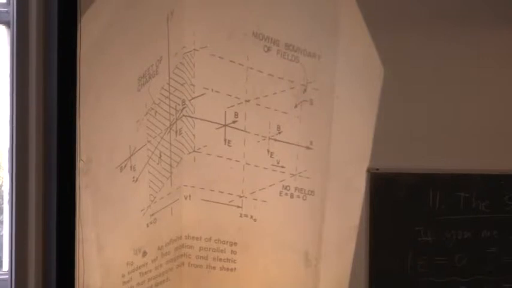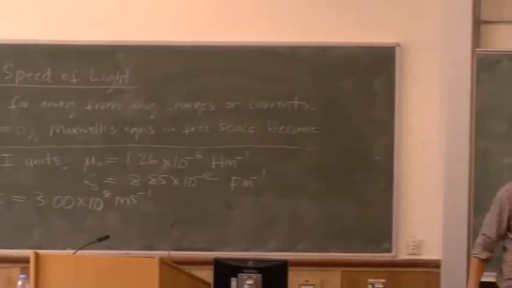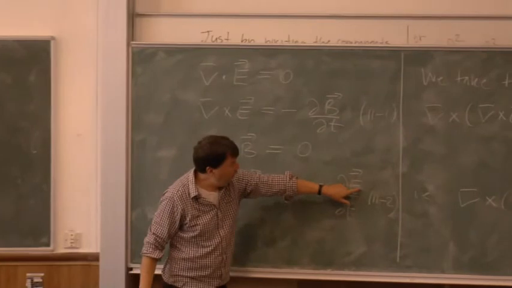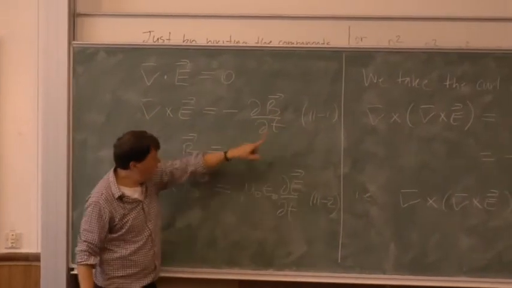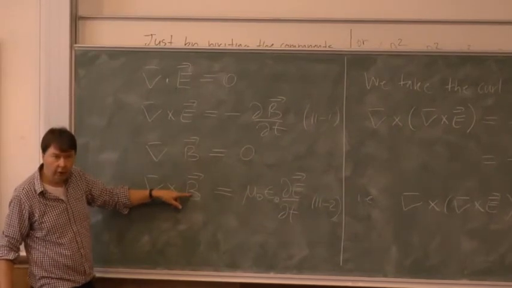I could have done the identical calculation by taking the curl of this equation, taking the curl of B, and then I would have had d by dt of the curl of B, and I would have substituted in for the curl of E, and I would have got a three-dimensional wave equation for the magnetic field as well.